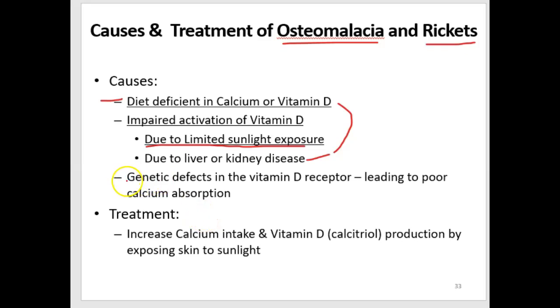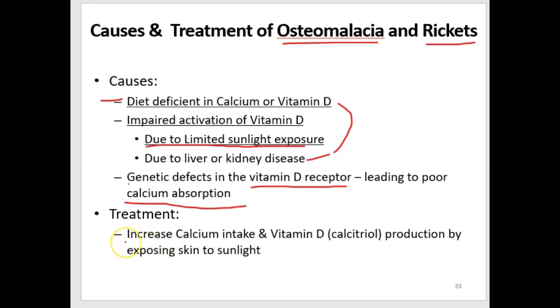There are also genetic etiologies of this disease, and that would be that the vitamin D receptor is defective, like there's a mutation. So maybe there is enough vitamin D available, but it can't function because the receptor's not working. So you'd have not enough calcium absorption from the intestine.